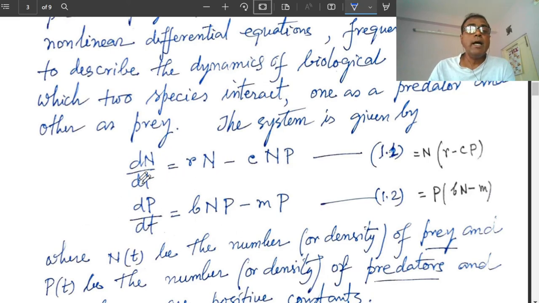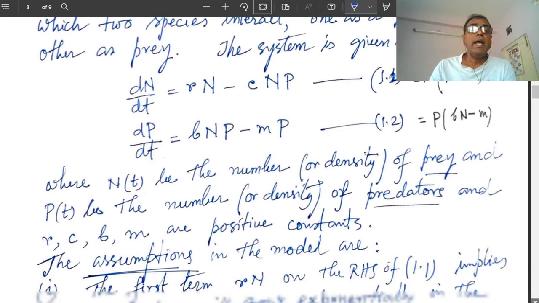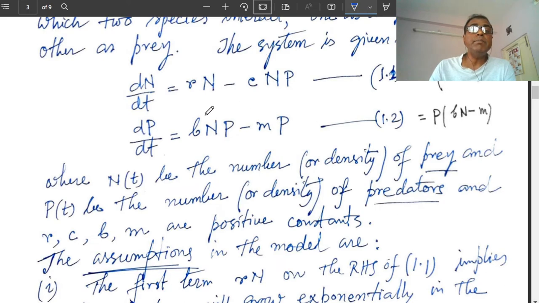Here N denotes the density of prey and P is the density of predator. Both depend on the time t. And R, C, B, M are parameters, positive constants.